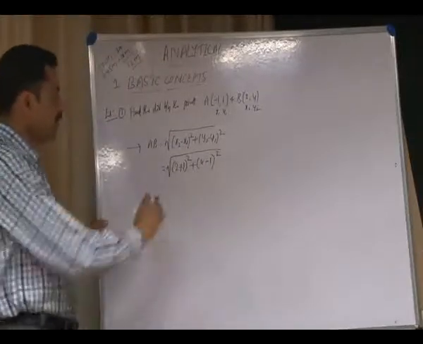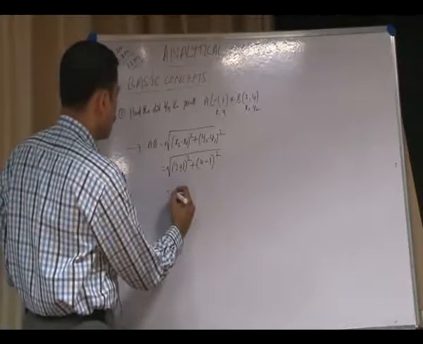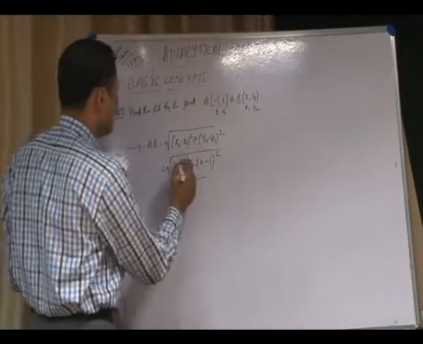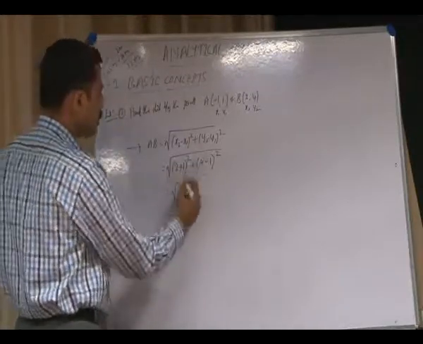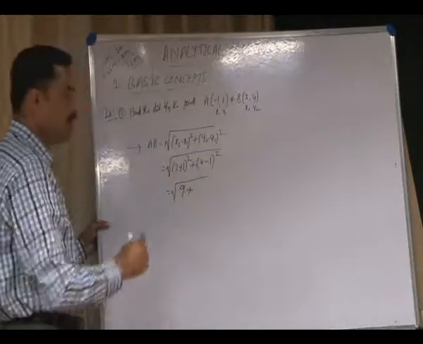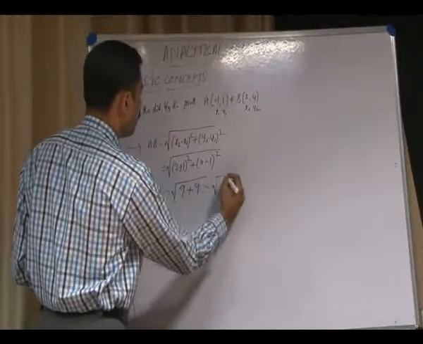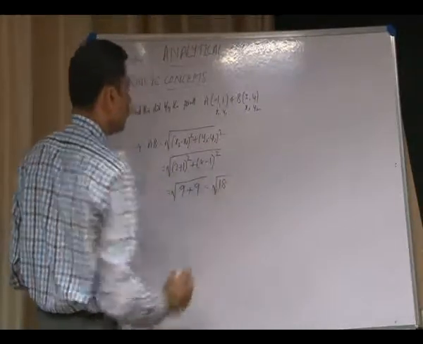So, by simplifying this we get the distance between these 2 points, that is equal to square root of 2 plus 1 is 3, 3 square is 9, plus 4 minus 1 is 3. So, 3 square is 9, that becomes square root of 9 plus 9 is 18.